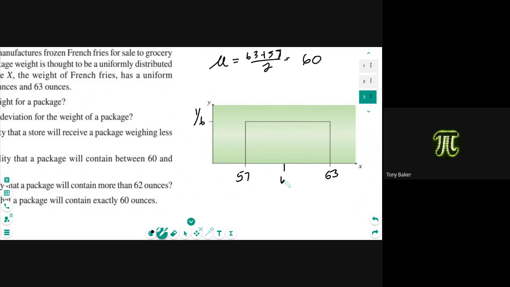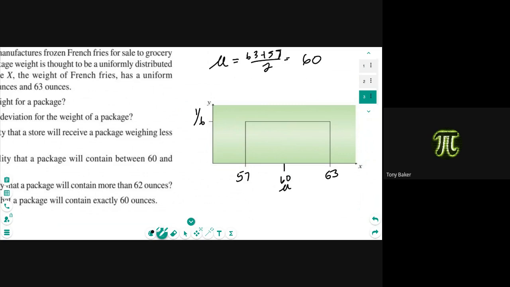So 60, and that's my mean. And that should make sense. It should be right in the middle, right? If everything is equal, it should be in the middle.